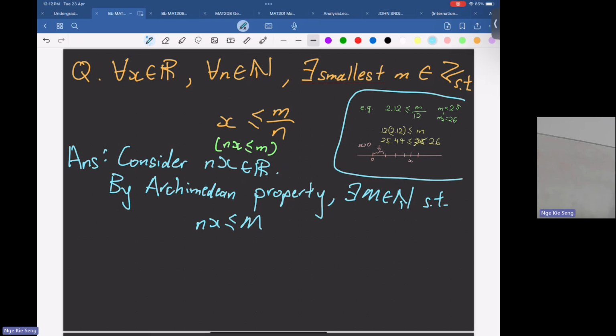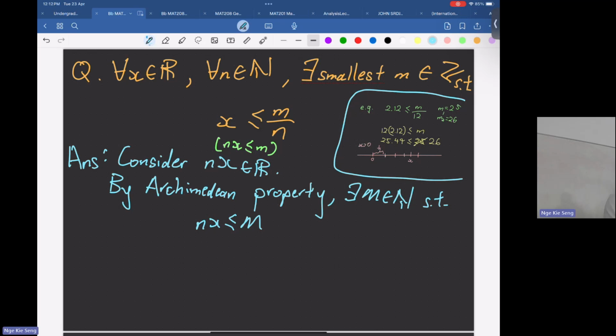Can we build a constructive proof or not? Of course, you can use this upper bound to say, oh, there's one. But can you make a constructive proof? How to really find the smallest n?